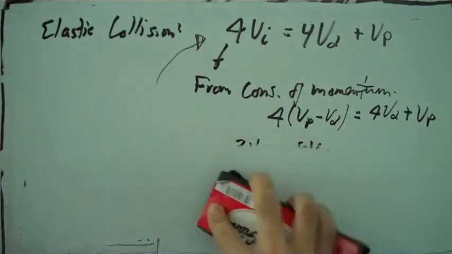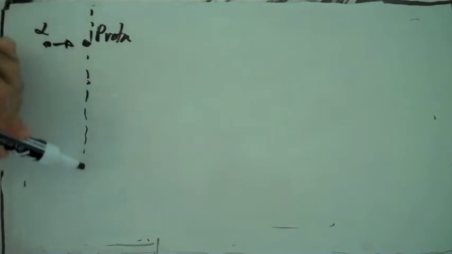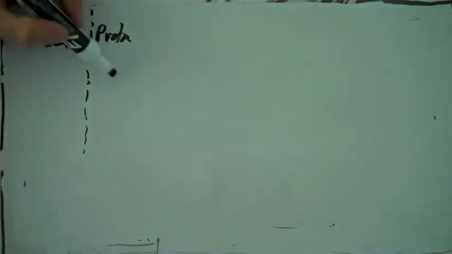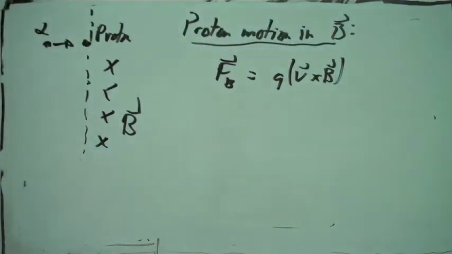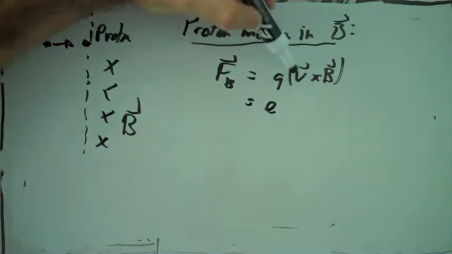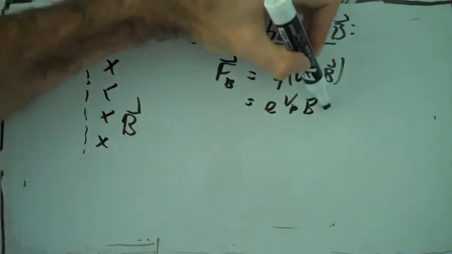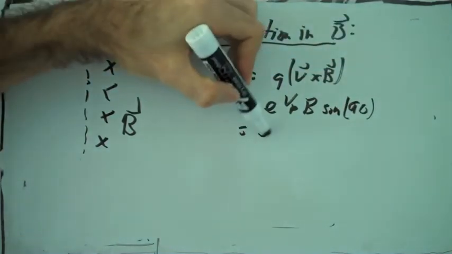So now we also know that after the collision the particles move into a region with a magnetic field. So here's a proton, here's the alpha particle. After they collide, they both move into this region where there's a magnetic field pointing into the board. So the motion of the proton in this magnetic field is described by the magnetic force the proton feels, which is given by this: the charge is e, the velocity, the magnetic field, and the sine of the angle is 90.